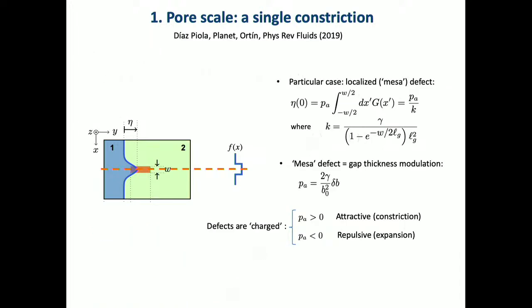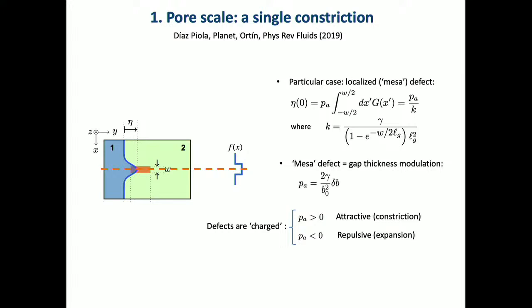Okay. Now, if we apply that to a localized mesa defect, a mesa defect has this stable shape that we were using with sharp edges, then this term can be computed very easily because the pressure is constant all over the defect, so we take it out of the integral, P_A, and what is left here is a sort of spring constant.